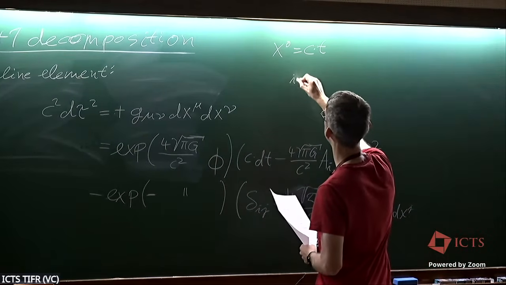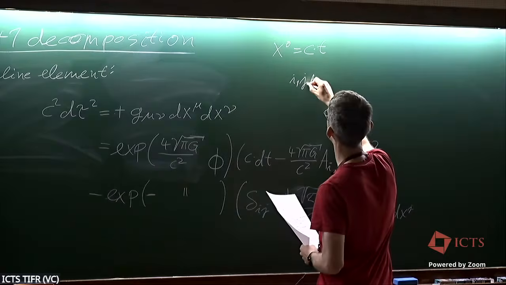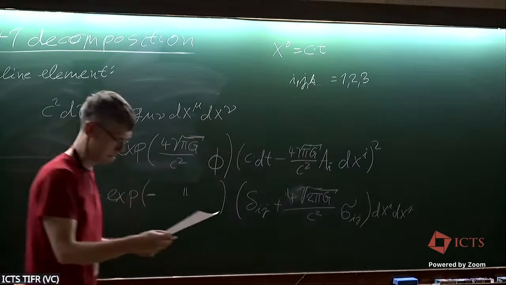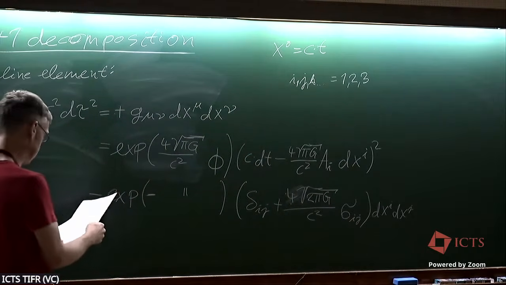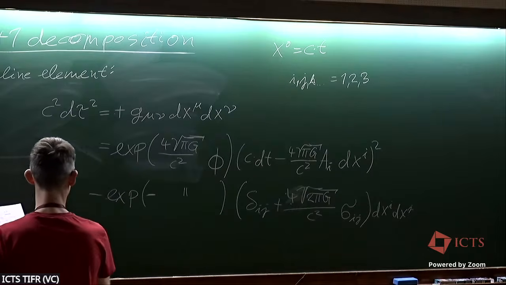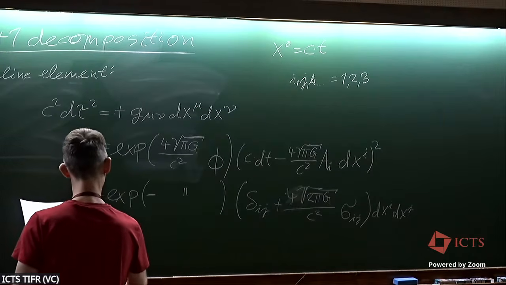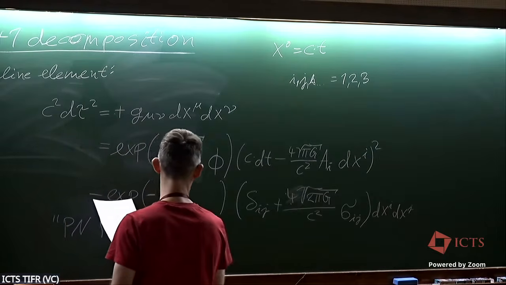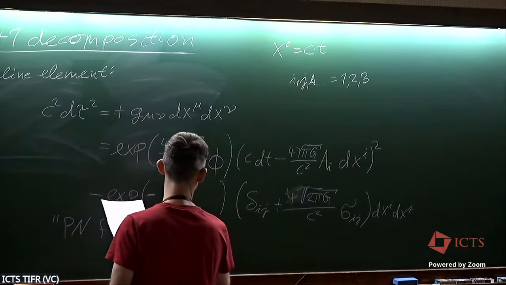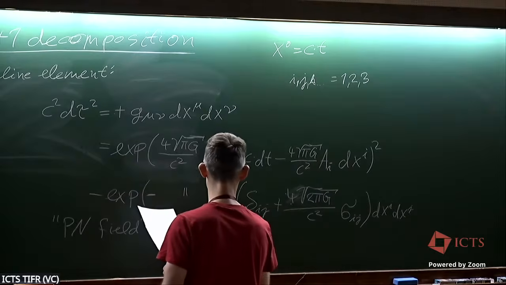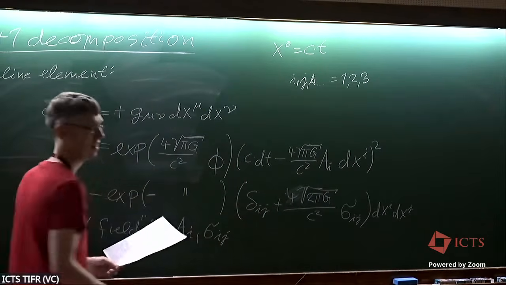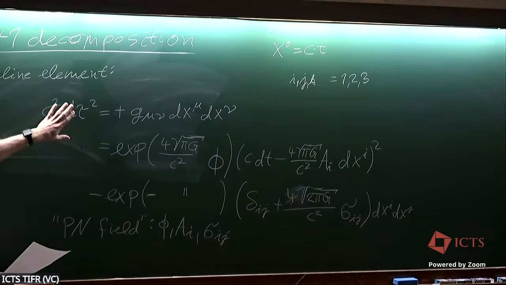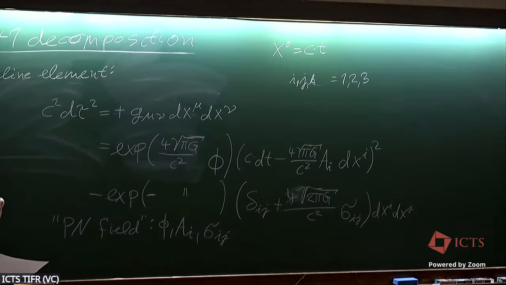And here i, j, k run only over the spatial dimensions. So it looks like this. And so we have introduced the post-Newtonian fields, which are phi, the Newtonian potential, Ai, the gravitomagnetic vector potential, and so to say the rest, the three-dimensional tensor field. So this is inspired by the Kaluza-Klein decomposition.